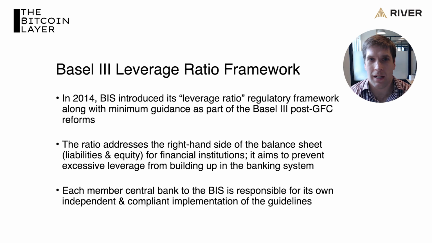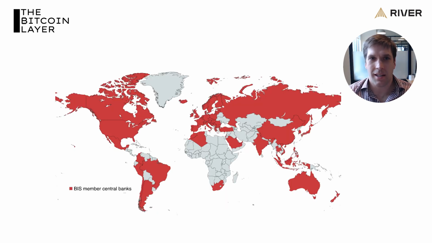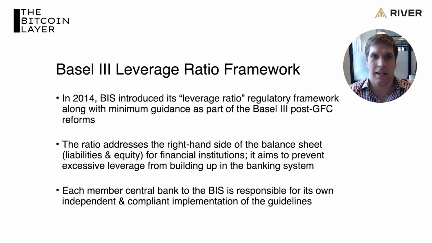So Basel III is the post-GFC set of reforms, if you will, that are set up and agreed upon by the 63 member participant central banks of the BIS, the Bank for International Settlements. What they really are is, put this on a Bitcoin podcast, the same way that Bitcoin is the consensus protocol.